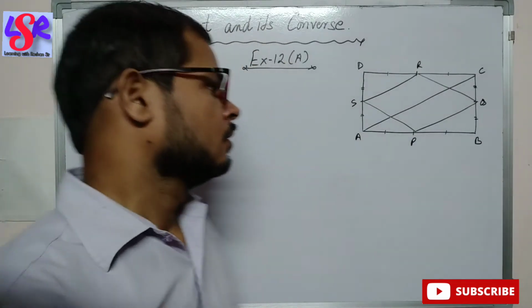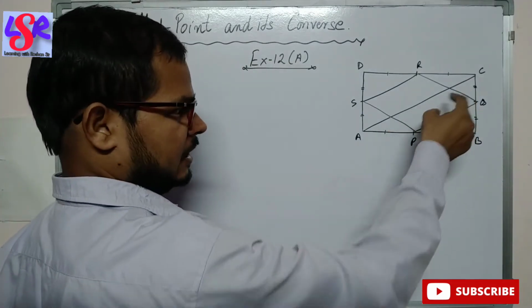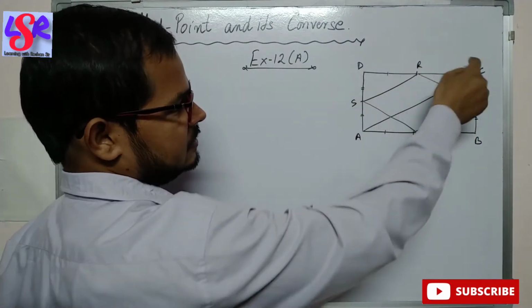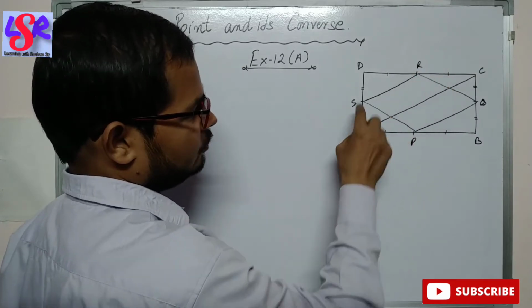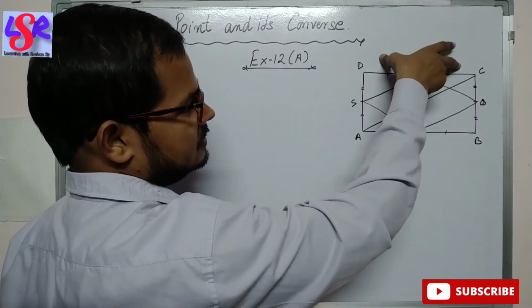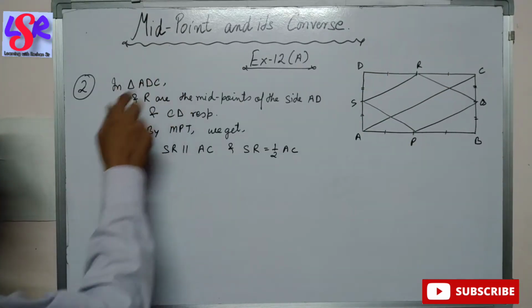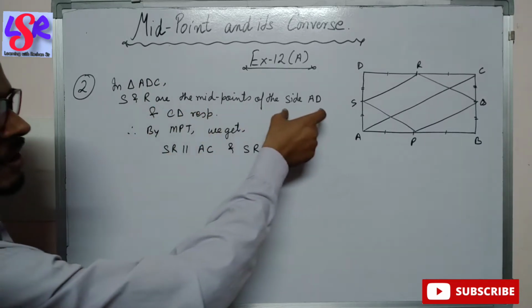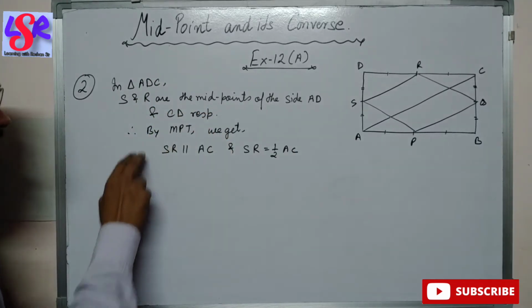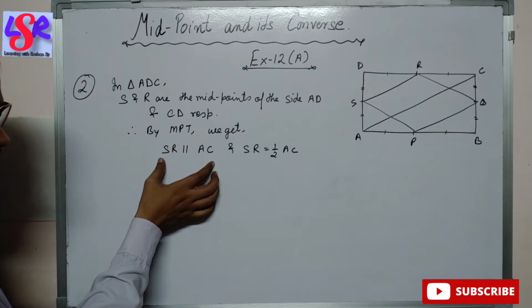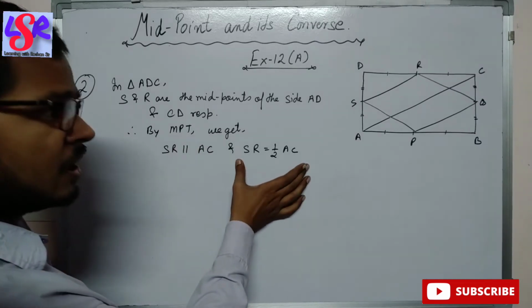So we make a diagonal AC, and then in triangle ADC, S and R are the midpoints of the sides AD and CD respectively. Therefore, by the midpoint theorem, we get SR parallel to AC and SR is half of AC.